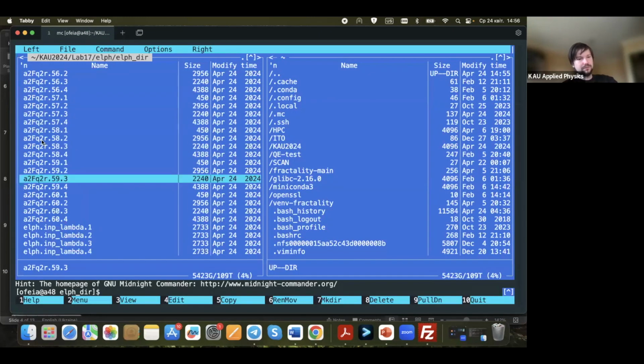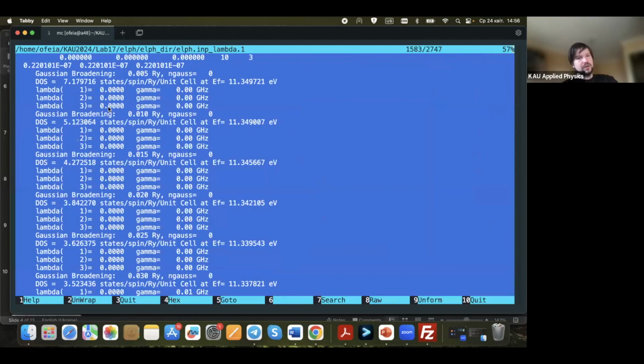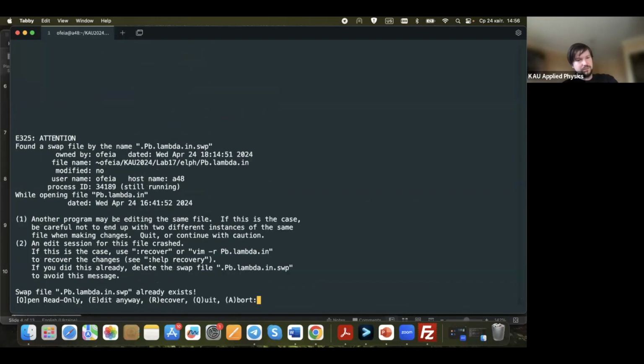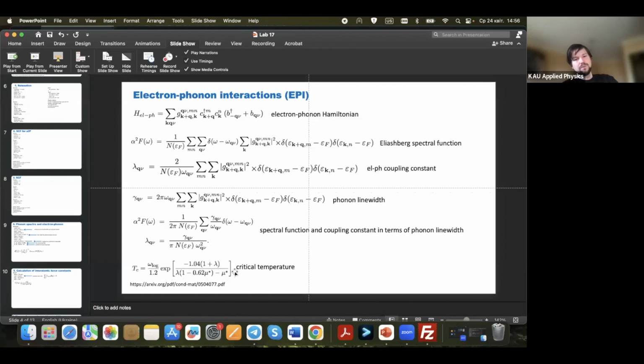So what is it? The ELF dir, ELF input lambda. Here they are. In these files, we have this information from the ph.x output: just lambda, gamma, and broadening parameters. So we just specify these parameters. And here is 0.1, the Coulomb coefficient for screening, this coefficient mu.